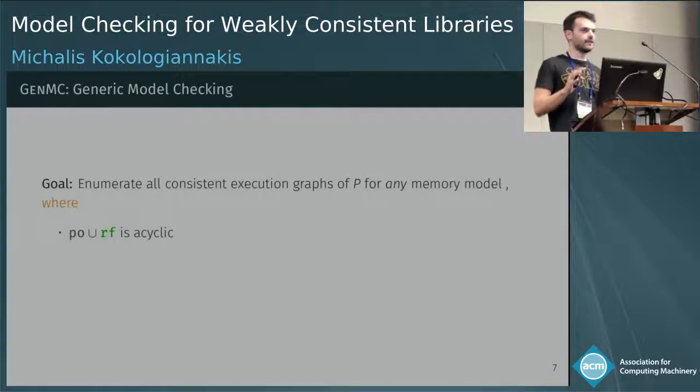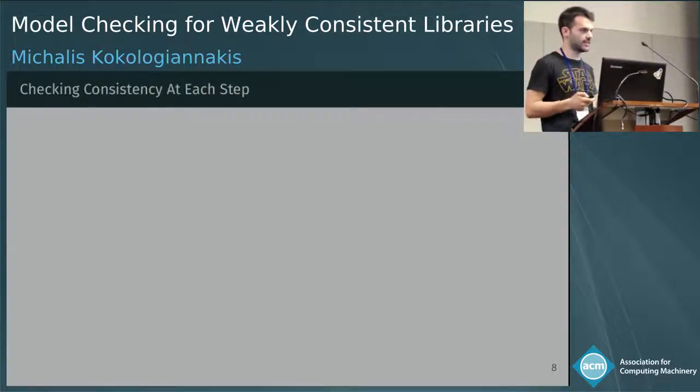Now, the naive way would be to just create all possible graphs and then check for consistency according to the memory model. But of course, this is too wasteful because we have to generate all graphs and then check for consistency and so on. So we generate too many inconsistent graphs. And what we would like to do instead, how we would like our algorithm to work, would be to check for consistency at each step.